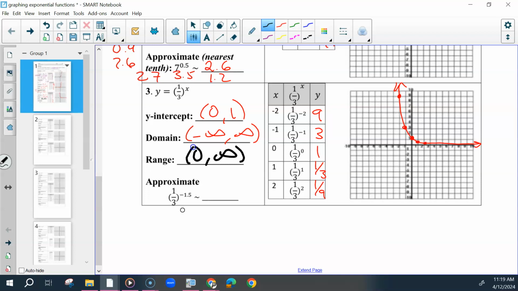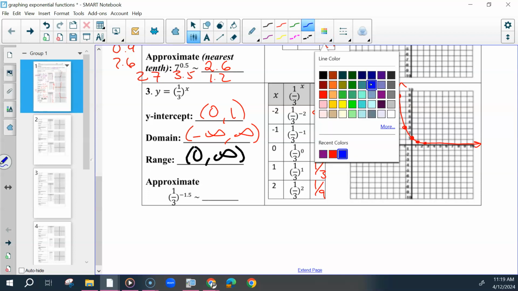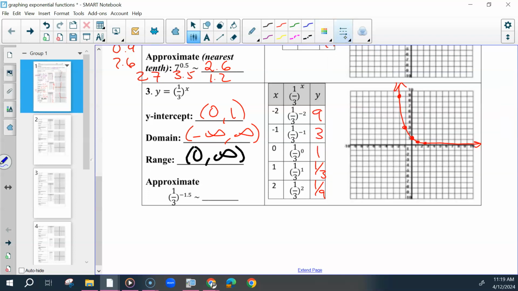Do we want to guess what this might be for the approximation? Negative 1.5. Is that the exact or were you guessing?